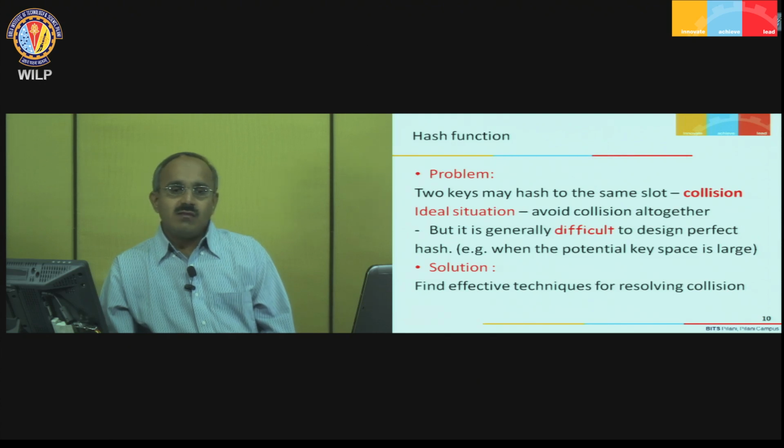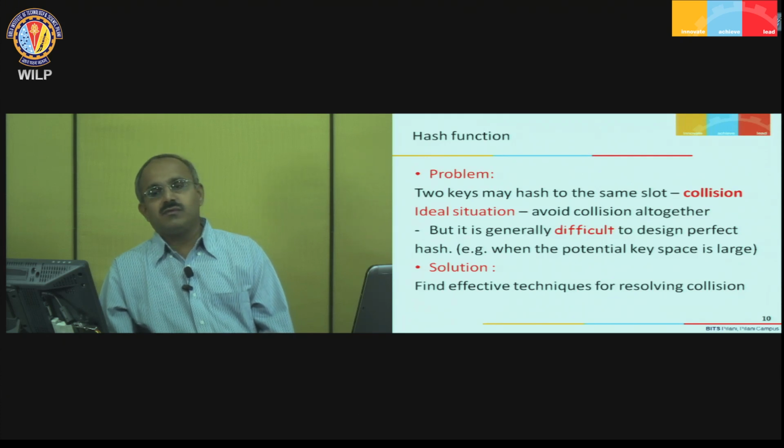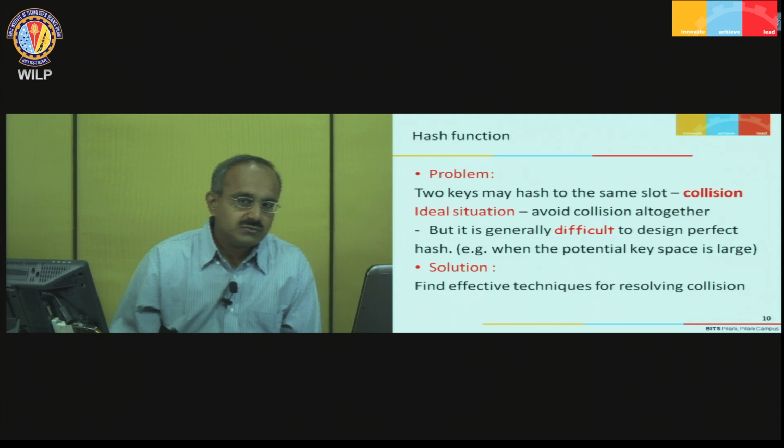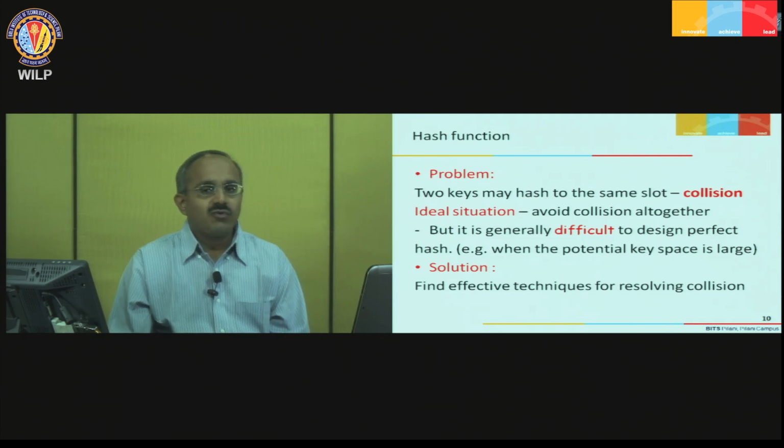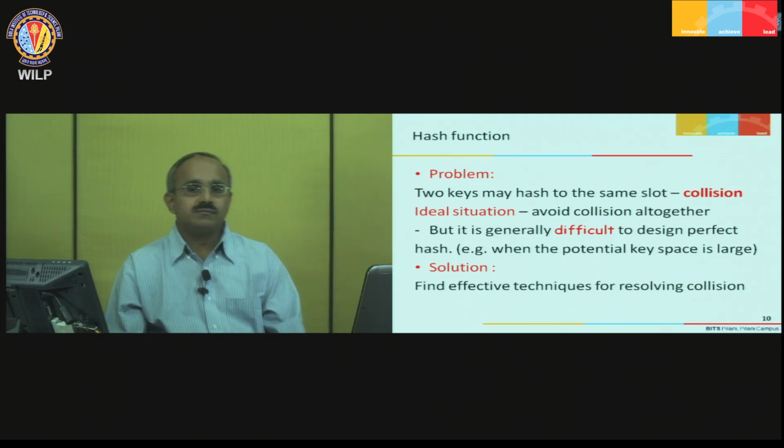So, the key problem is to have a hash function which is going to minimize the collision. That is, the chances that two keys are going to collide is extremely small. So, what we are going to try to do is look at such hash functions, that is, functions where possibility of collision is minimum.